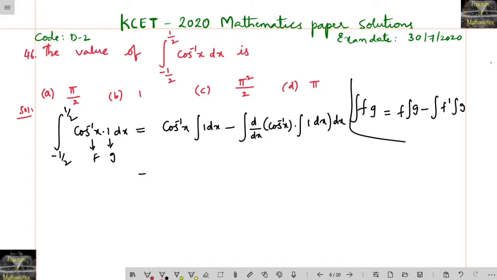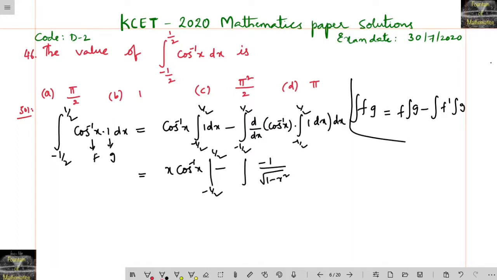This is nothing but x cos inverse x minus the integral from minus 1 by 2 to plus 1 by 2. d by dx of cos inverse x is minus 1 by root of 1 minus x square, into x dx.